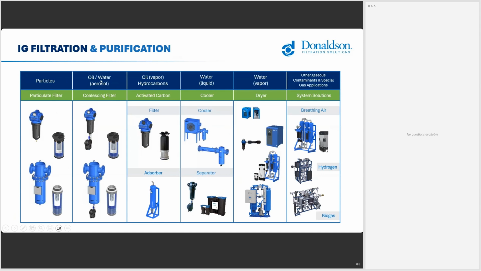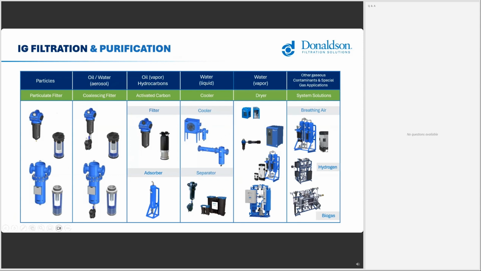For removing oil or water aerosols, it's playing a role that we have a very high efficiency, especially for these small oil aerosols in the system. We have these so-called coalescing filters, and also here specific media technology like the UltraPleat technology.